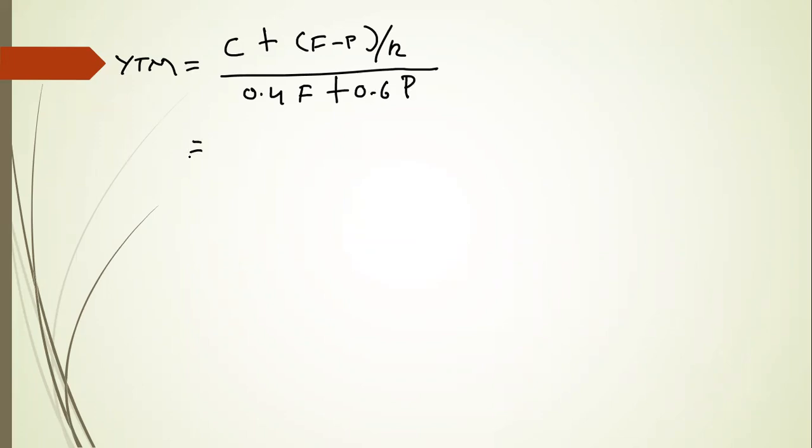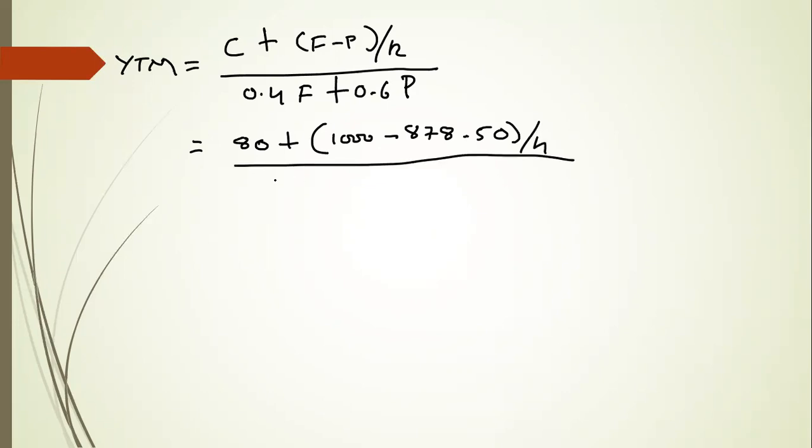Now we know the C value, that is 80, plus we know F, that is 1000, and 878.50 is the market price, and it is for 4 years. So divided by 0.4 into 1000 plus 0.6 into 878.50.